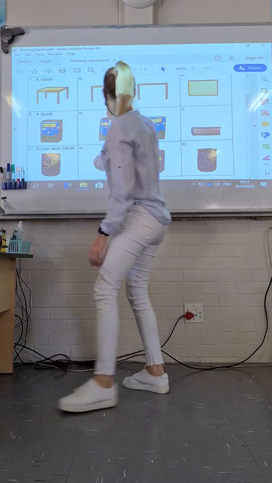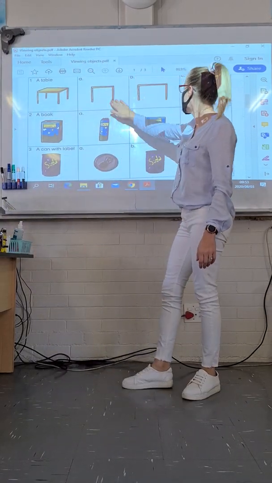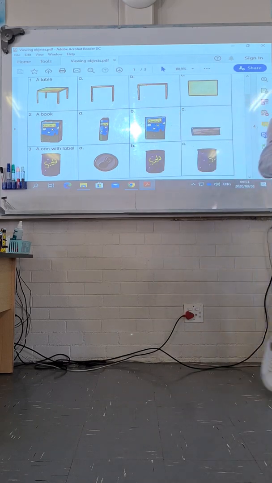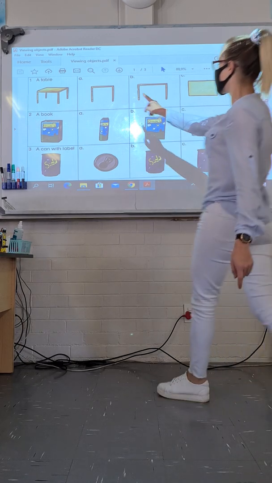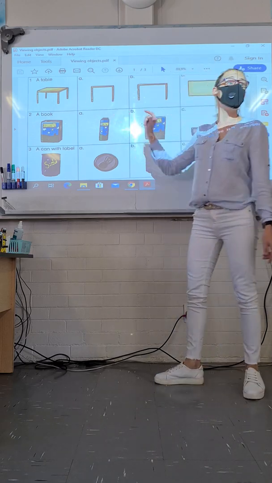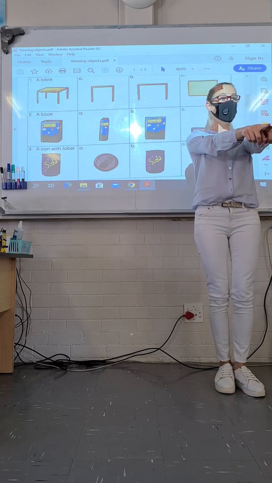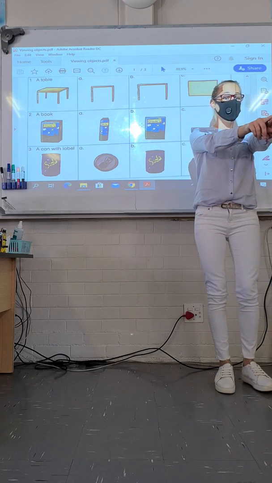What I was going to say about A and B, what the difference is: this one looks a little bit longer. So look at your desks. This way, it's much longer than this way. So the side view is shorter. Your side view would be A, B would be the front, because when you look at it from the front, that is what you see.